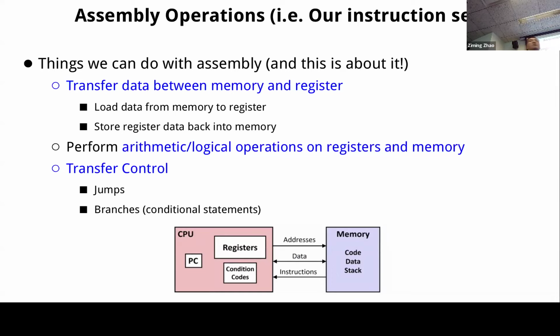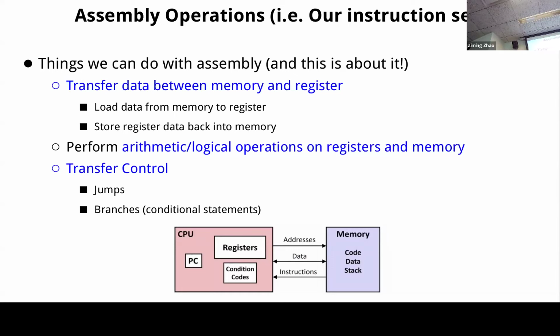Some operations need to fetch from memory and even write back to memory, which is much slower. Then the third class of instructions are the control flow transfer instructions, or transfer control instructions.